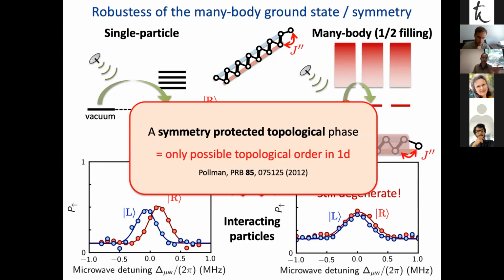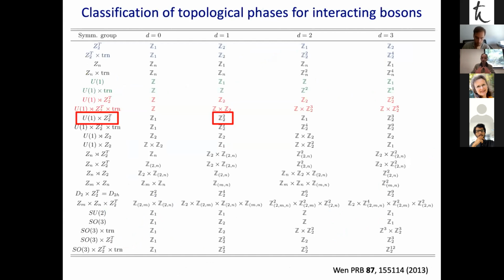That's something that people came up with around 2012. So on the growth picture, this is the classification of topological phases for interacting bosons from 0 to 3D. We've, very humbly, just filled one of these boxes in this line. So that's what we have implemented.